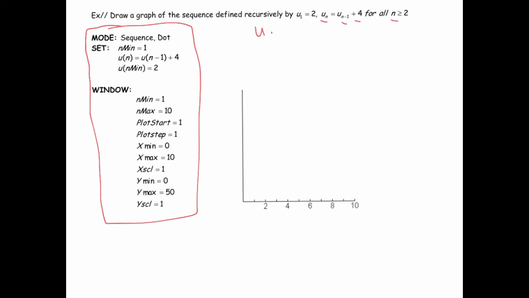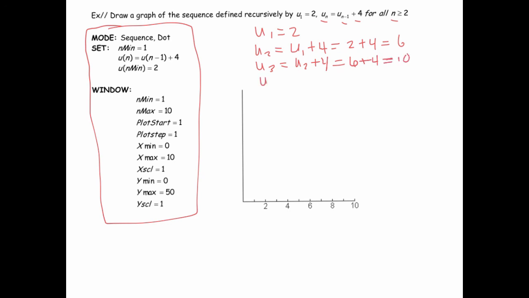So my first term is 2. My second term, according to this rule, since n is 2, n minus 1 would be 1. It's my first term plus 4, which is 2 plus 4, which is 6. My third term would be my second term plus 4, which would be 6 plus 4, which would be 10.